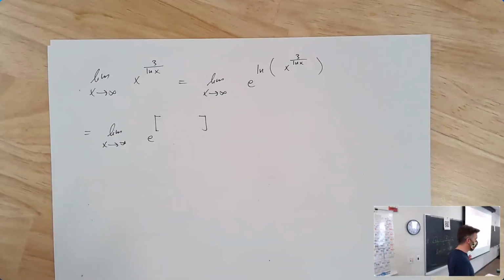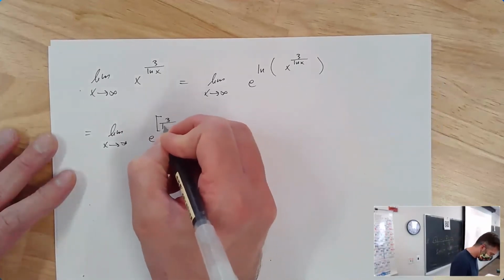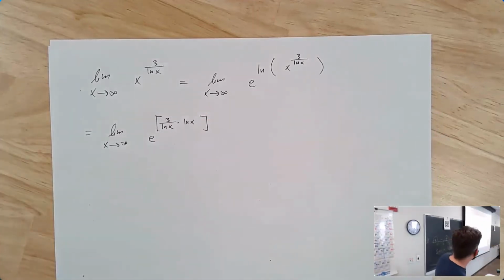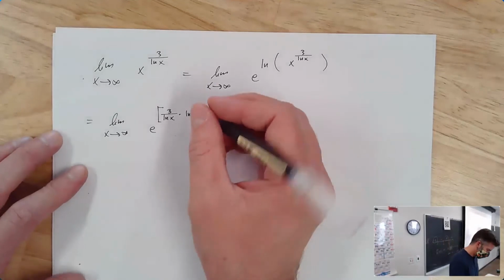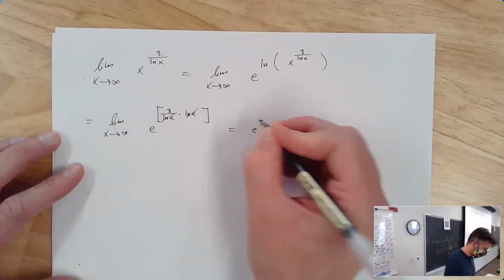I know usually I just fill in the answer, but it's actually confusing to say. So I get e to the 3 over natural log of x times natural log of x. But I don't even need to use L'Hopital's rule here. I can just cancel the natural log of x's, which means this is e to the 3rd.